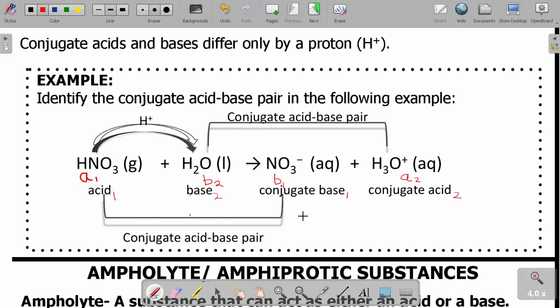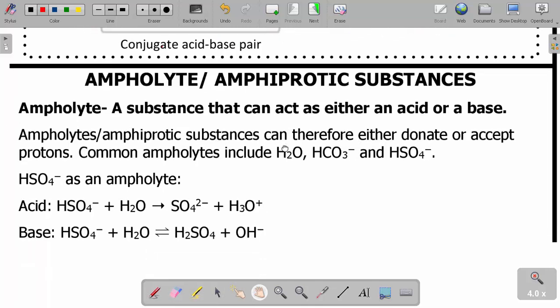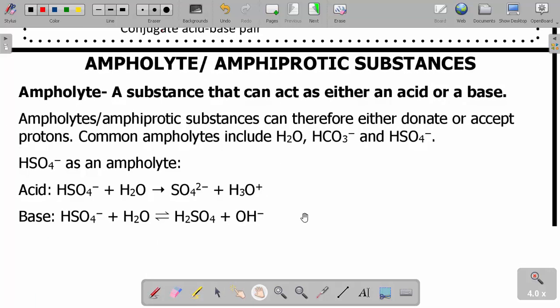Let us proceed. Now, another term which is important to know in this topic is the ampholyte substance. An ampholyte substance is a substance that can act either as an acid or a base.